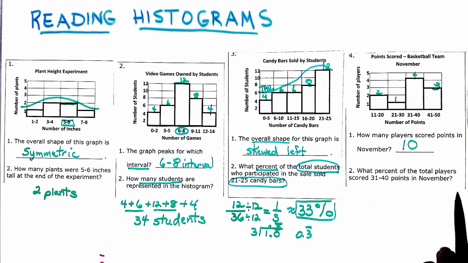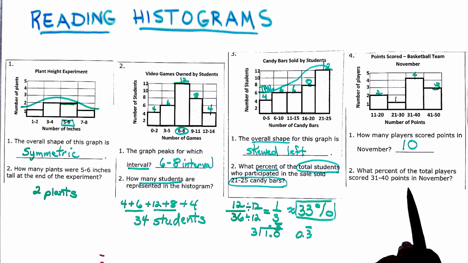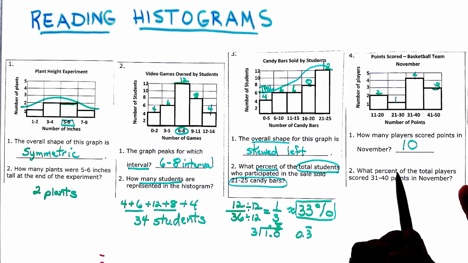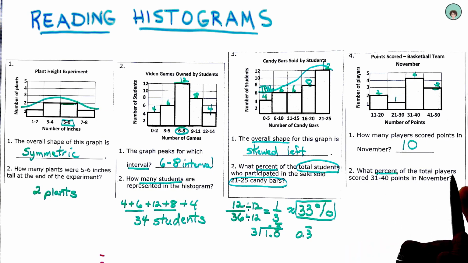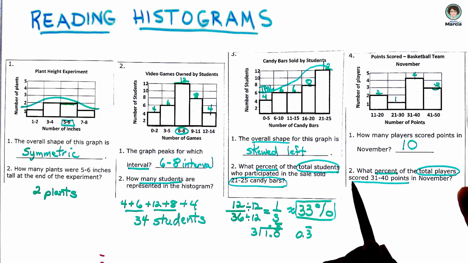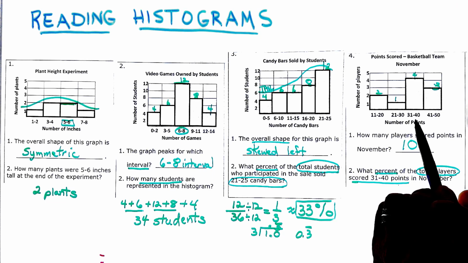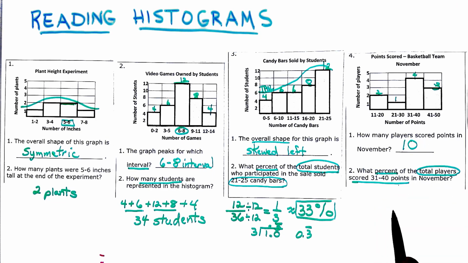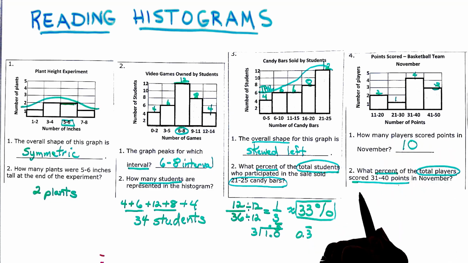What percent of the total players scored 31 to 40 points in November? Again, marking the text, our answer has to be a percent. We are comparing the total players to the points scored between 31 and 40. So I'm going to put 4 players over 10.